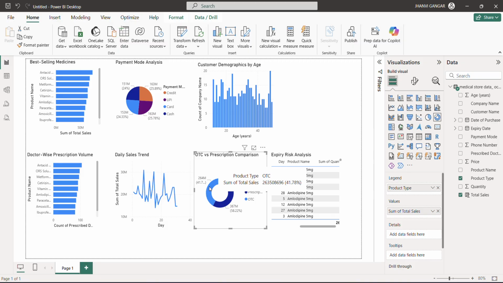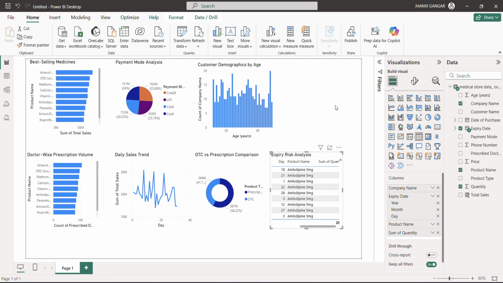So around 41.78% is bought as OTC products, and the remaining 58.22% is bought as prescription products. So we can see that prescription products are sold more in the store than OTC products. And this is also helpful in RCPA for the chemist to analyze how to handle the medicines and everything.